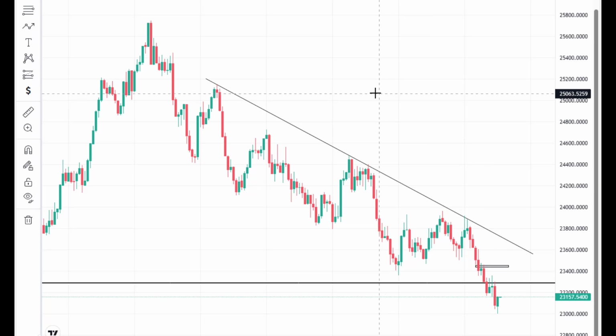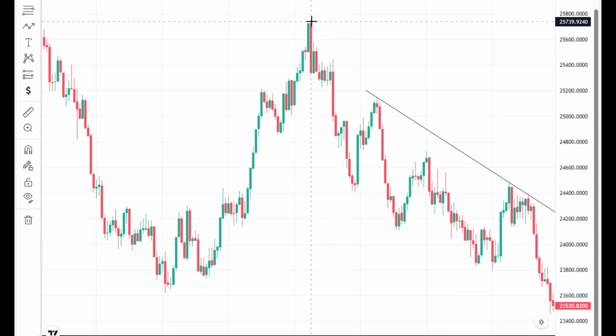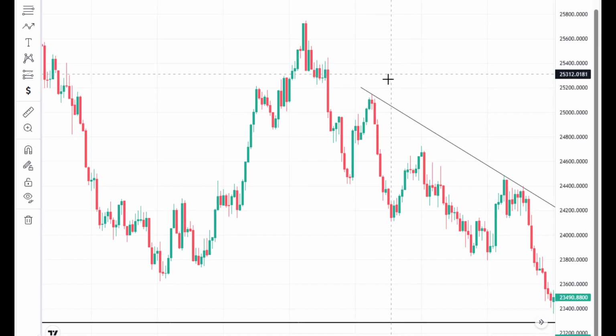Let's take a quick recap. Now the mistakes people do is they think that you must take from the very high, and because of that they draw very steep trend lines which mostly turn out to break out so quickly or fake out so quickly. All right, second mistake people do is they draw and they don't get the touches. Another mistake is people draw and cut across the second wicks.